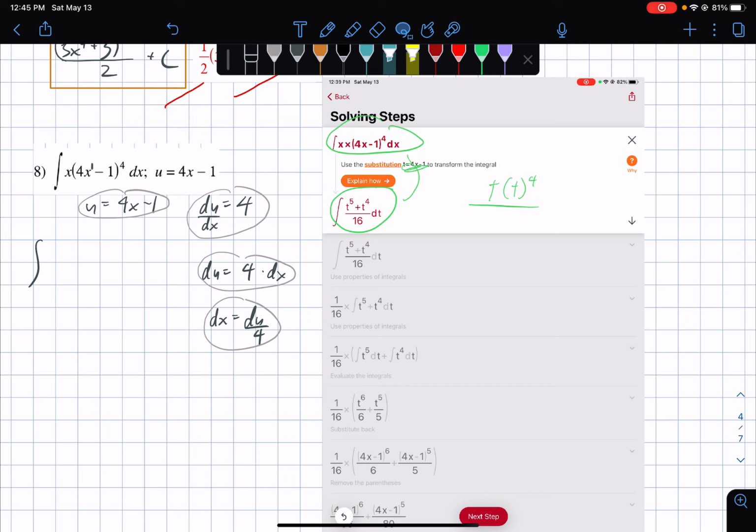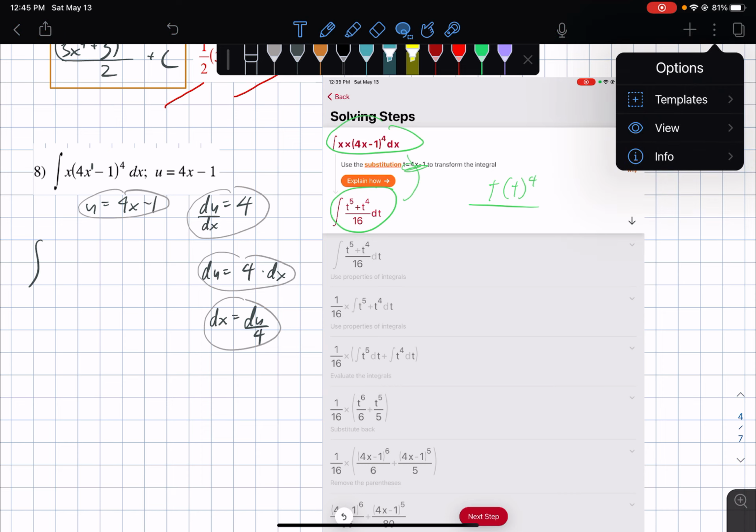Let's compare another problem. I'm going to try another question that was sent to our quiz. Yeah, it's here.